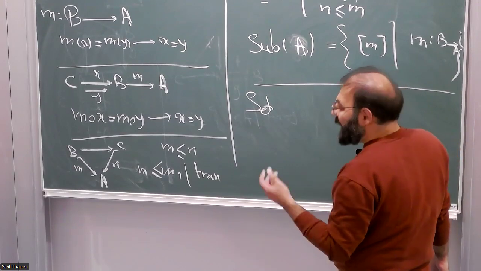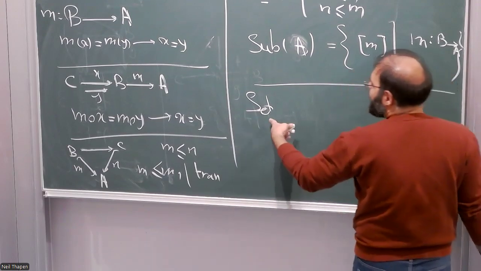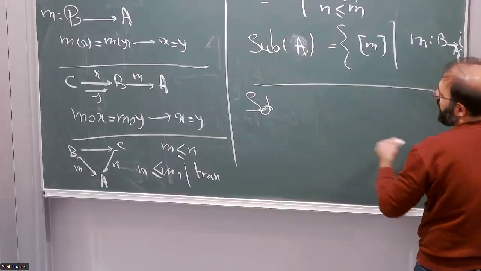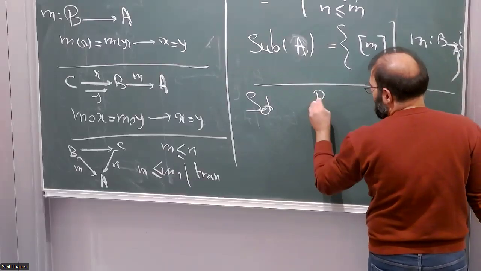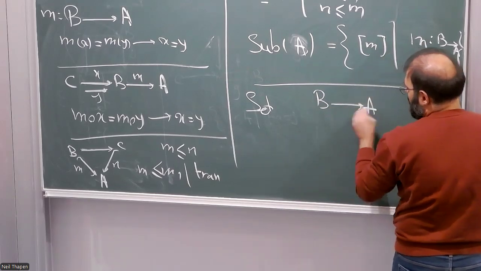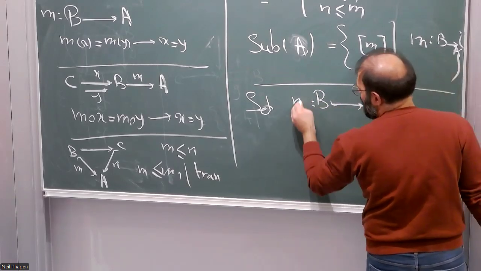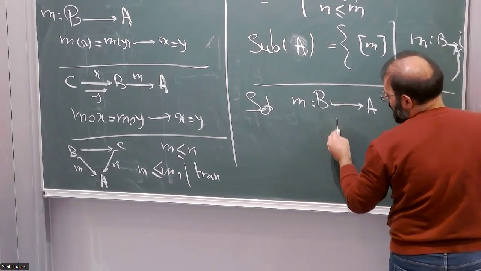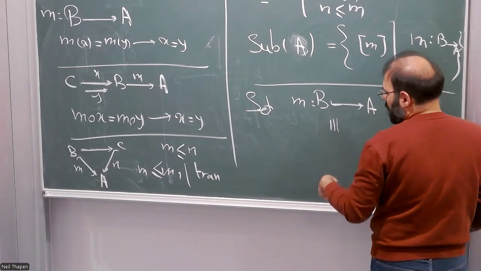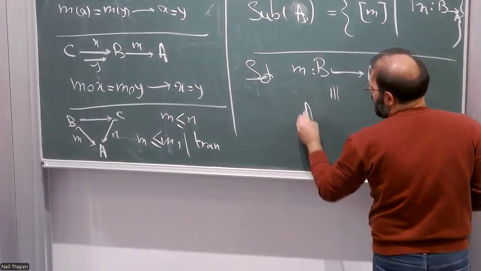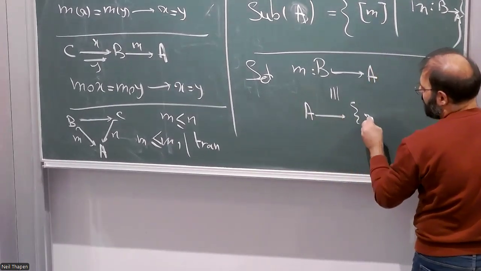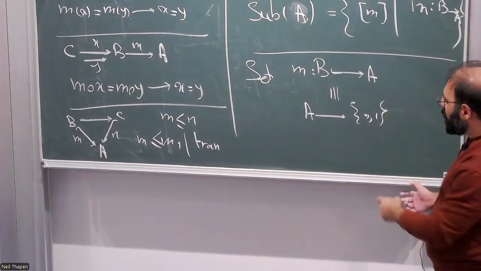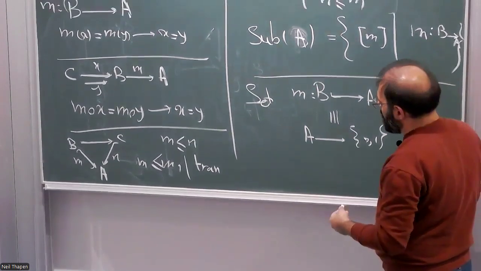So the main property, as I said, in Set is that you can classify being a subobject like this. If you have a subset like this, in Set we know that any subset is equivalent in some reasonable way to a map from A to {0, 1}, the values. It's just a characteristic function. So how to write this in a categorical way?